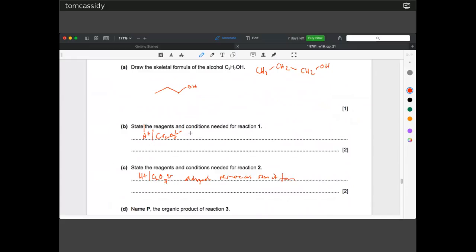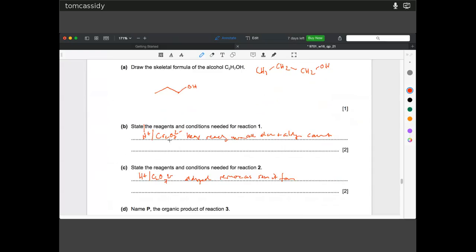But with the carboxylic acid, we want to keep reacting it until all alcohol and any intermediate aldehyde is converted.